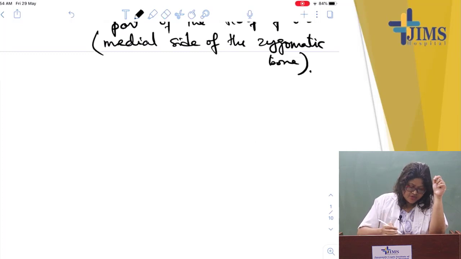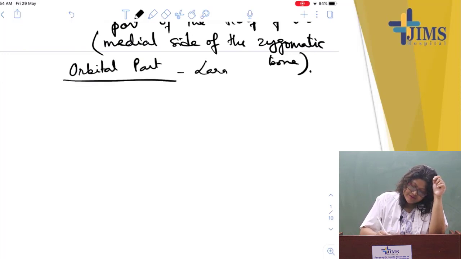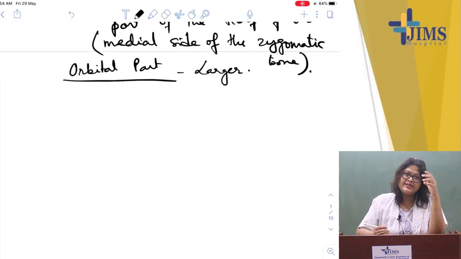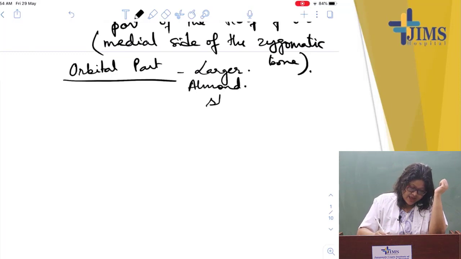Now we will look at the orbital part. The orbital part is the larger one. I said it is present in the lateral part of the roof of the orbit, and it is almond shaped.